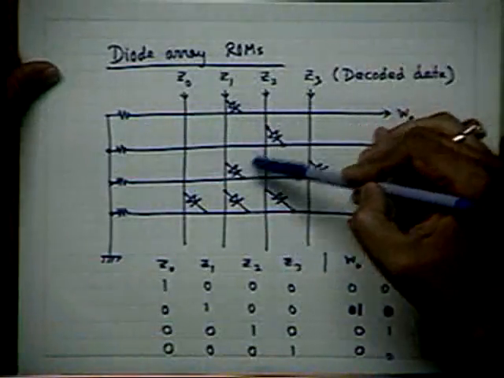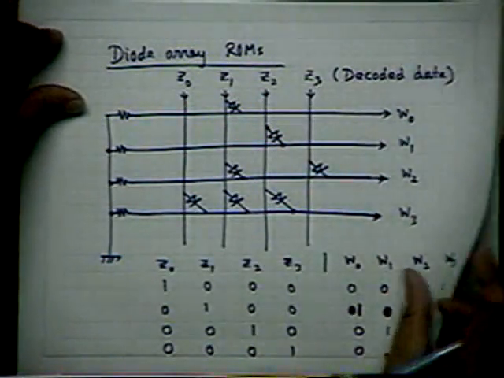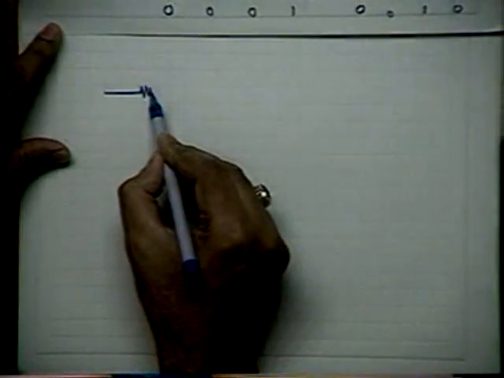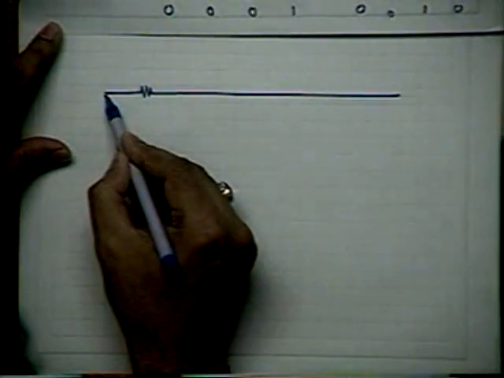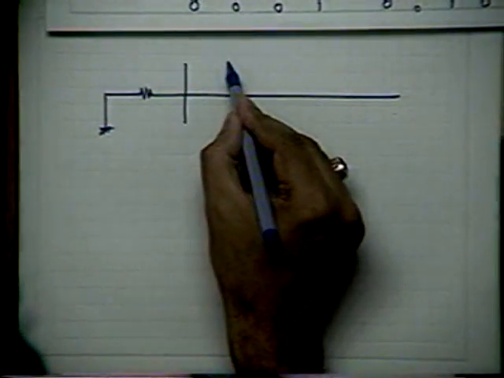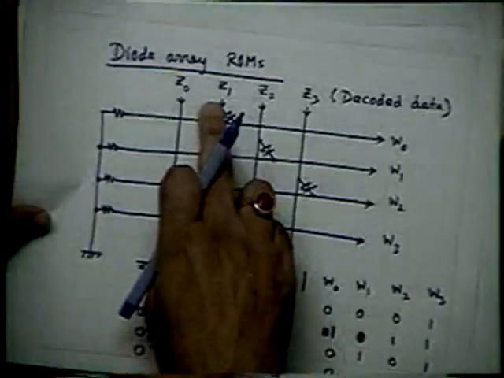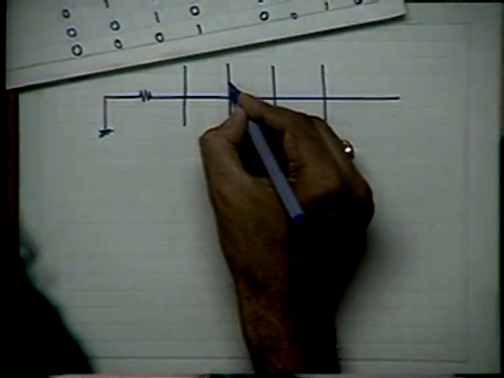Therefore, the second thing done in bipolar technology was that in place of these diodes, they put transistors. In what way? Just like this. For example, the second step was, let me show only the first line. I am showing only the first line. 1, 2, 3, 4 things are there. At this point there is a diode. In place of the diode, I will now connect a transistor like this.